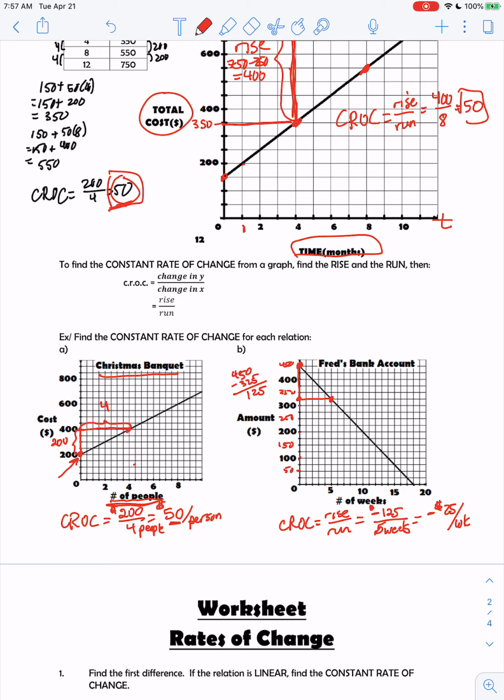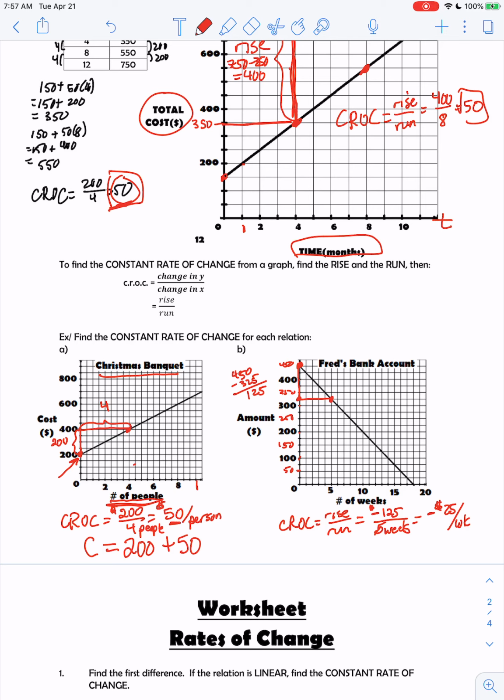Okay, and even if we take a look at what the equation is, we're going to do this a little bit more in the next lesson, but you could work on this. So here, the total cost, it started out at $200, and then we added $50 per person. So you just got to figure out what variable you want to use for people.